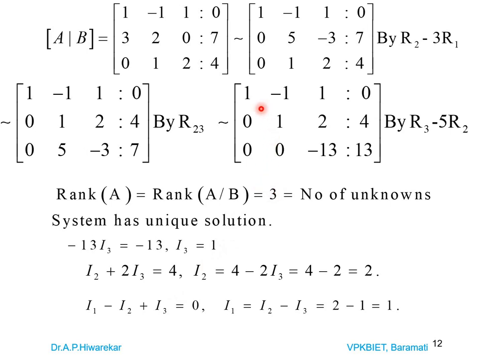Then the first row is I1 minus I2 plus I3 is 0. But I3 is 1, I2 is 2. So I1 is I2 minus I3, that is 2 minus 1, so it is 1. So the final answer: I1 is 1, I2 is 2 and I3 is 1.